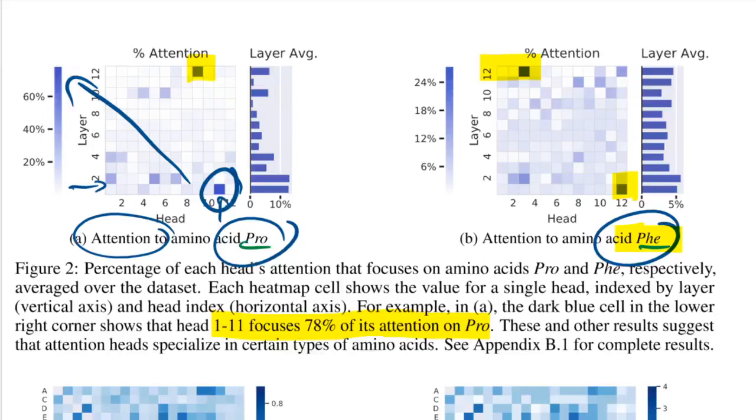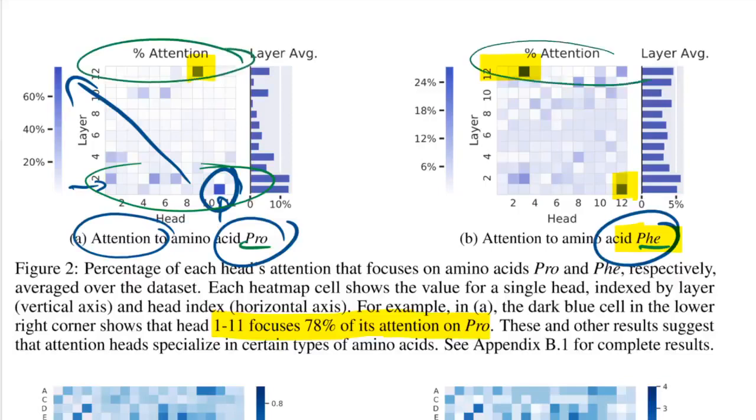We know that in the lower layers of a neural network we have basic feature extractors, and here these basic feature extractors appear to be simply paying attention to one specific token in the vocabulary a lot. So these heads sort of specialize for single amino acids. And the same in the last layer.